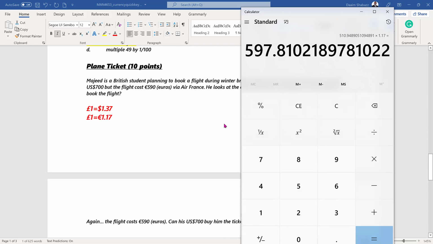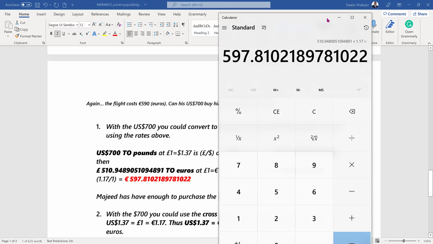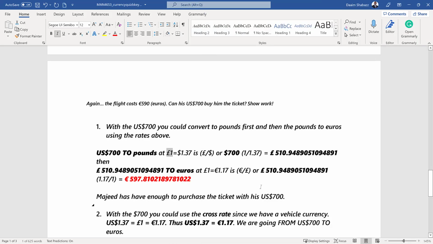So 510.9489 pounds are equal to 597.8102 euros. So does Majid have enough to purchase the ticket? He does.